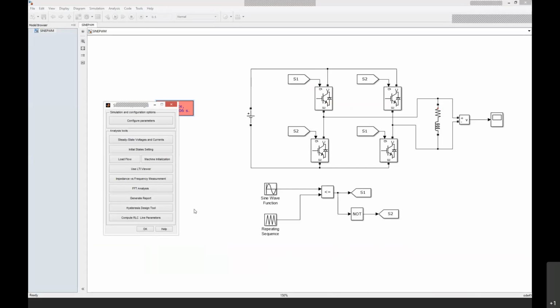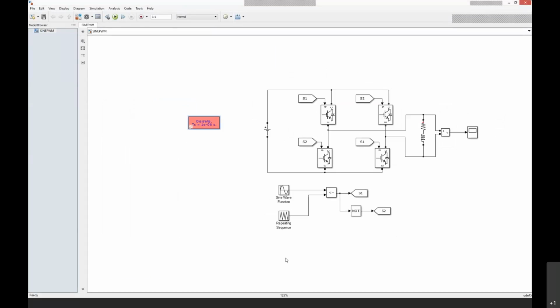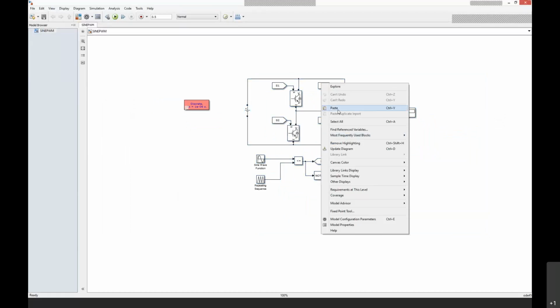So this is how to see the harmonic spectrum in the bipolar case. Now we will move to unipolar sine PWM for single phase. Unipolar is also based on this one, so simply copy this and paste it here.